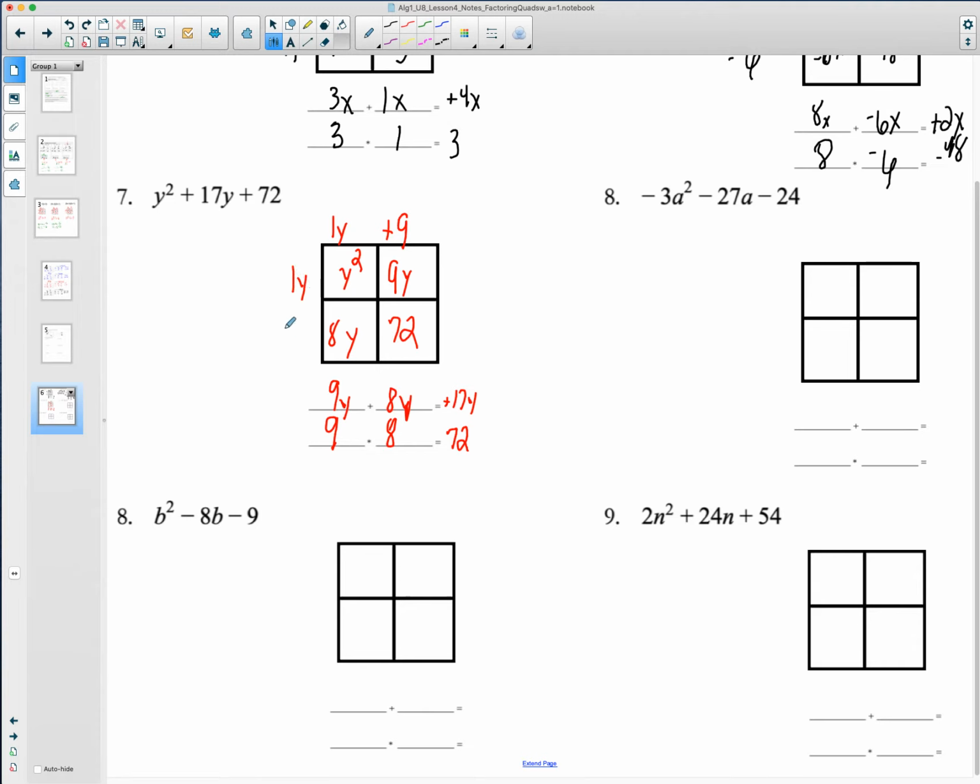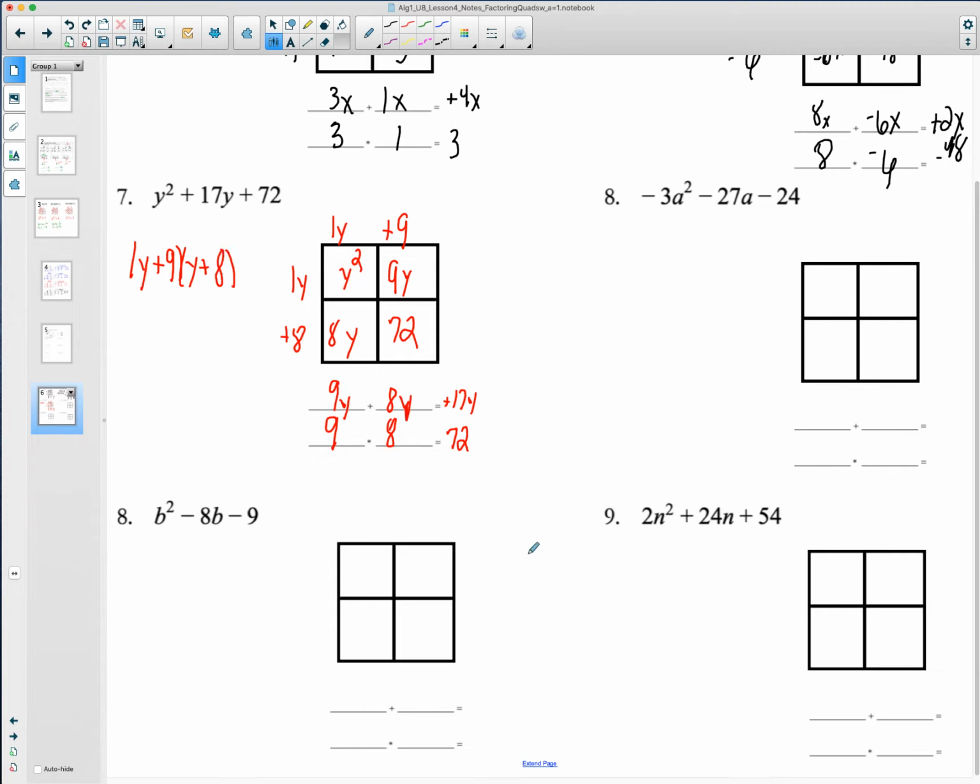And then our second row, it would be a positive 8. And so our factored form for this would be y plus 9, and then y plus 8. And there's our factored form.